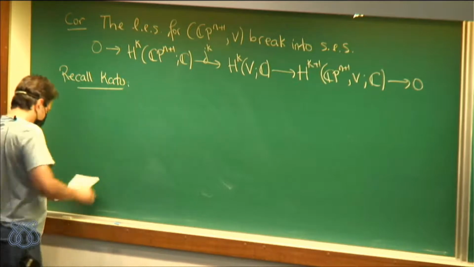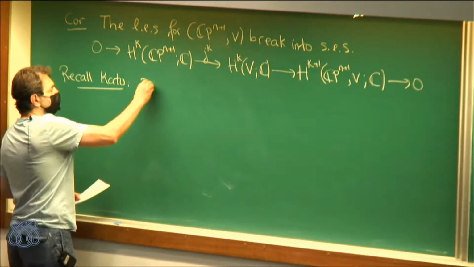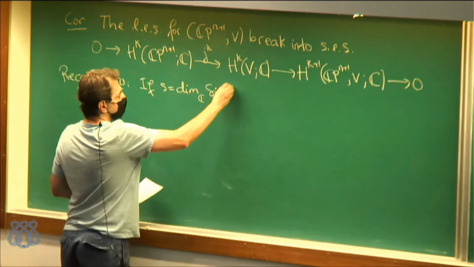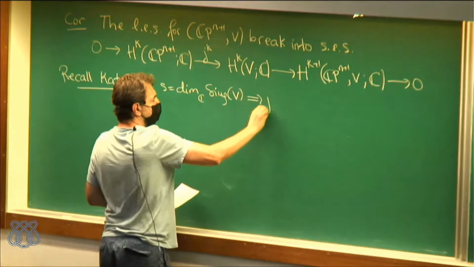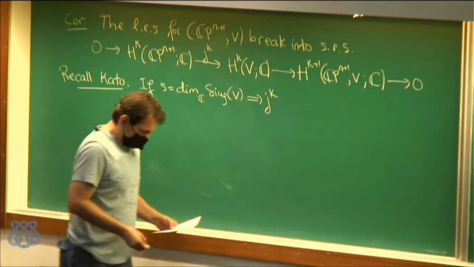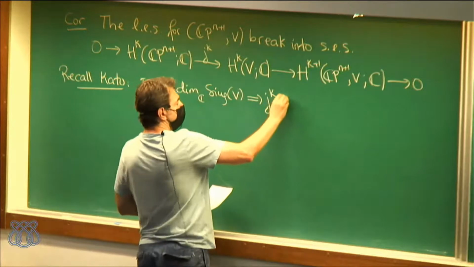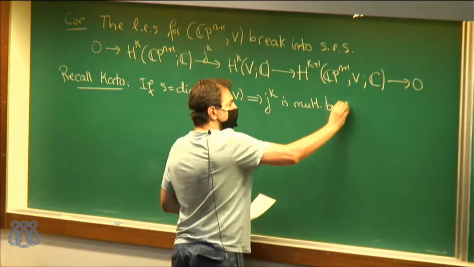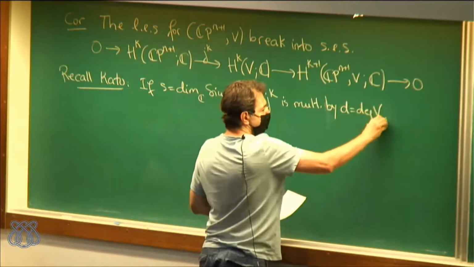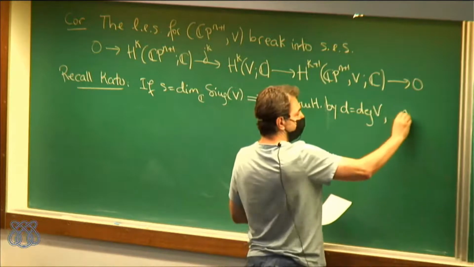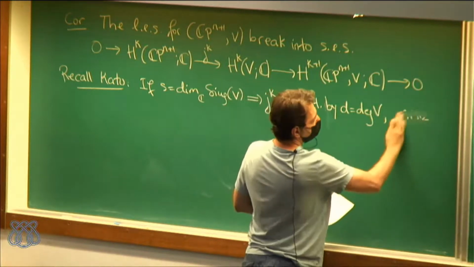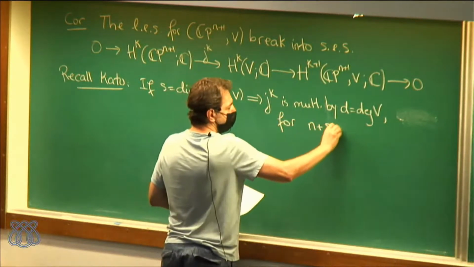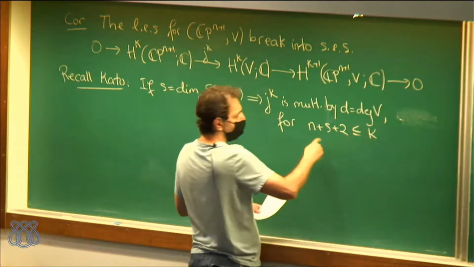Kato said that if s is the dimension of the singular locus of V, then this map J_k is multiplication by d, where d was the degree of V, for k between n plus s plus 2 and 2n.